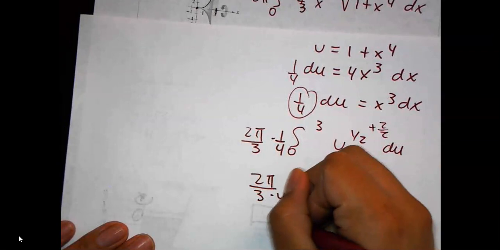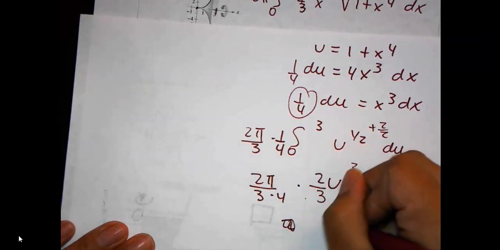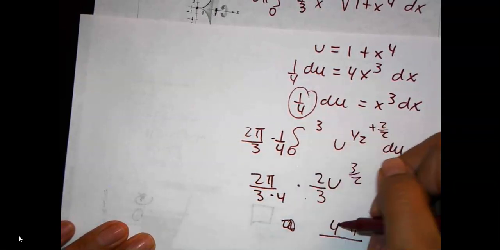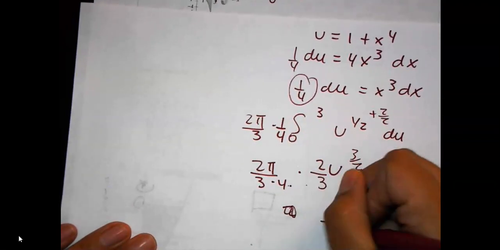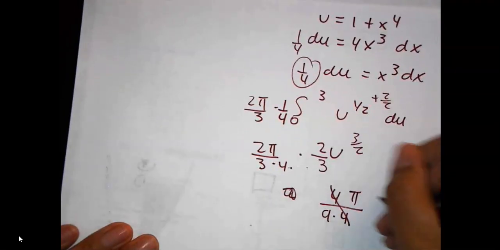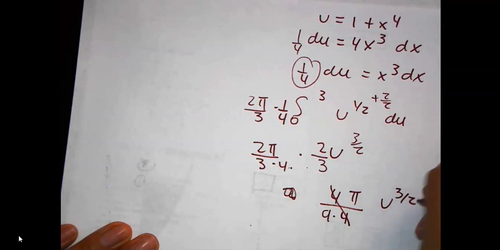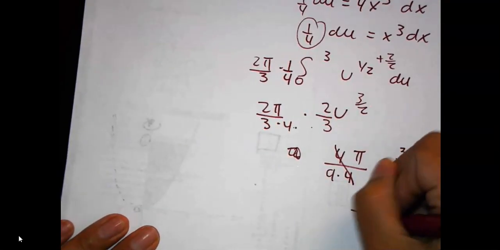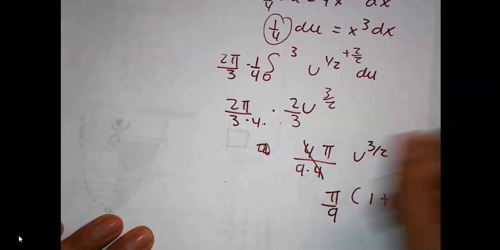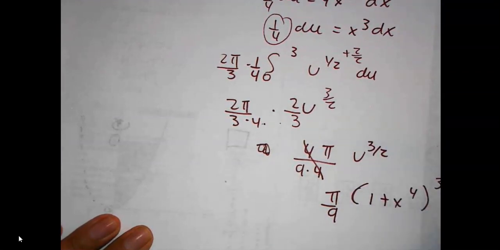And then I have the 2 and the 2 would be 4 pi. So that 4 and that 4, well, you'll see right now. 3 times 3 is 9, times that 4, the 4 cancels. So we have pi over 9. Instead of u, it was 1 plus x to the 4th, that to the 3/2. And this goes from 0 to 3.